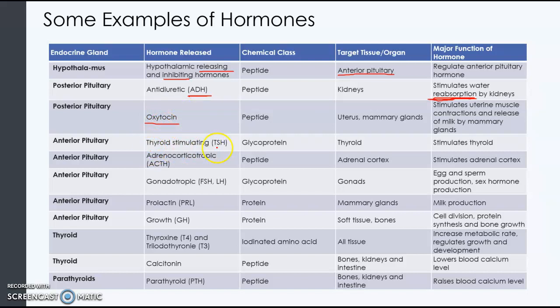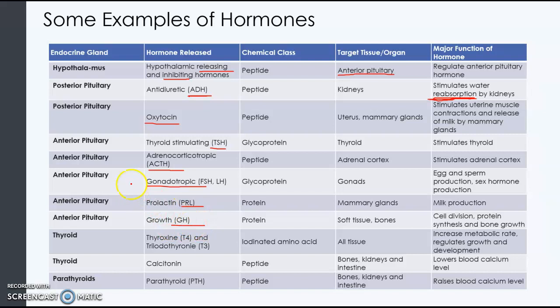The anterior pituitary releases several hormones: thyroid stimulating hormone, adrenocorticotropic hormone, gonadotropic hormone, prolactin, and growth hormone. So these are just a few.